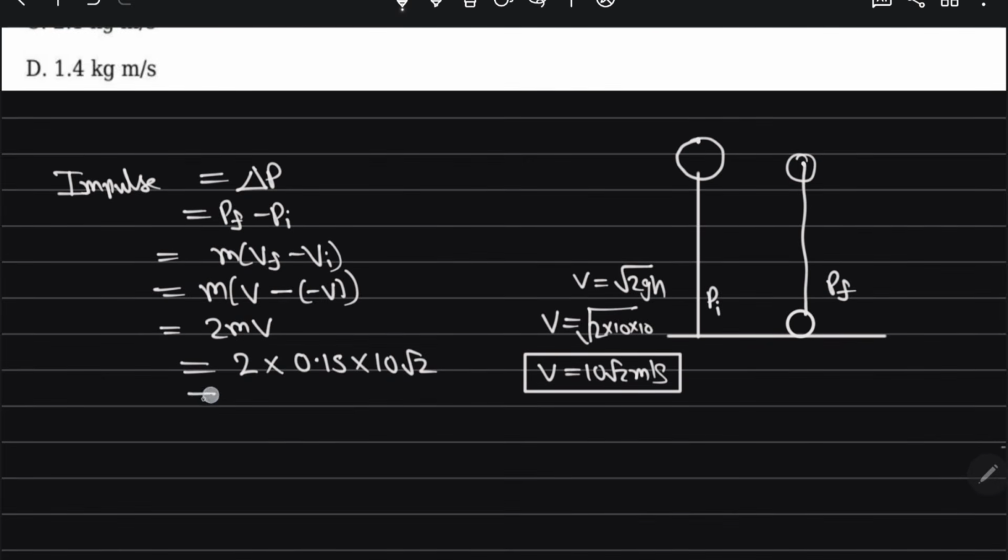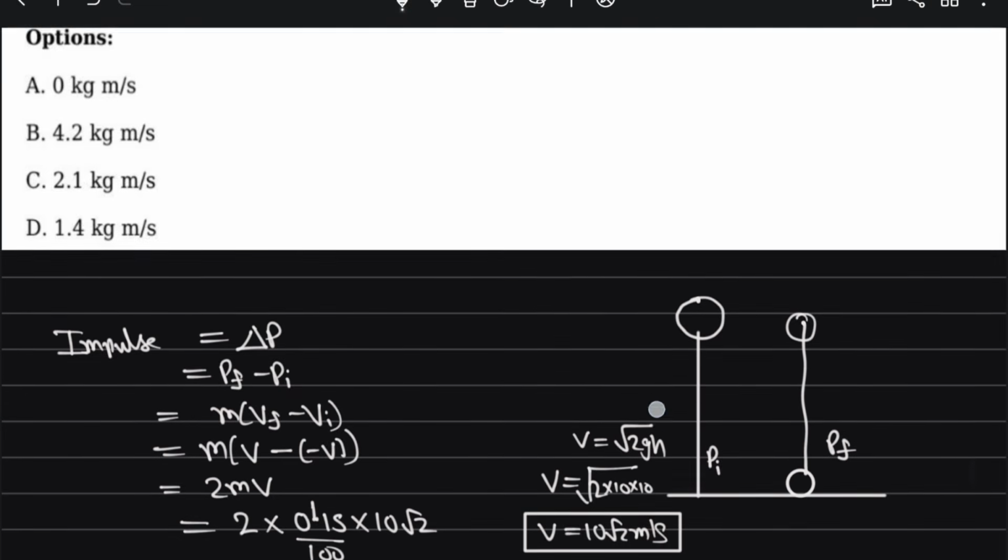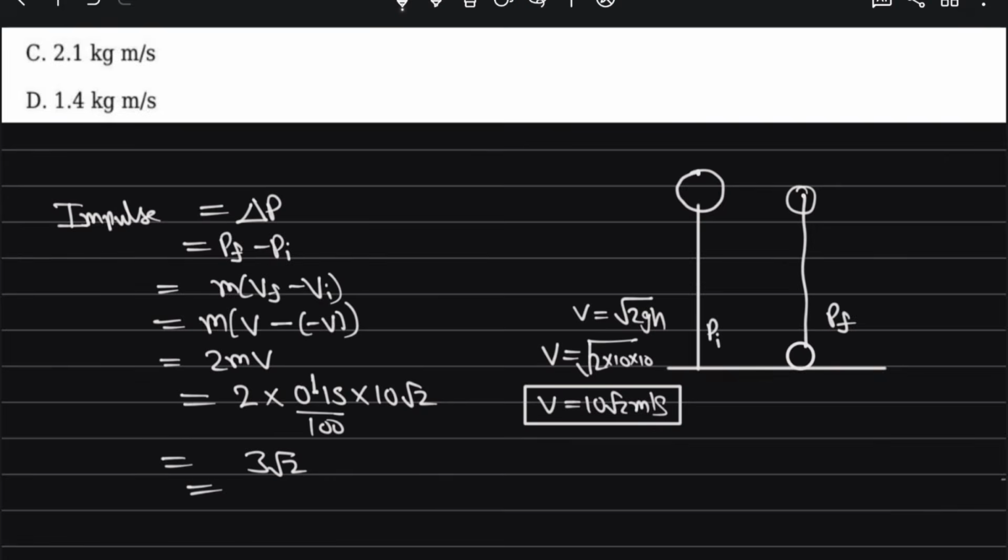So this becomes 3 root 2. So 3 into 1.414, this comes out to be 4.2.